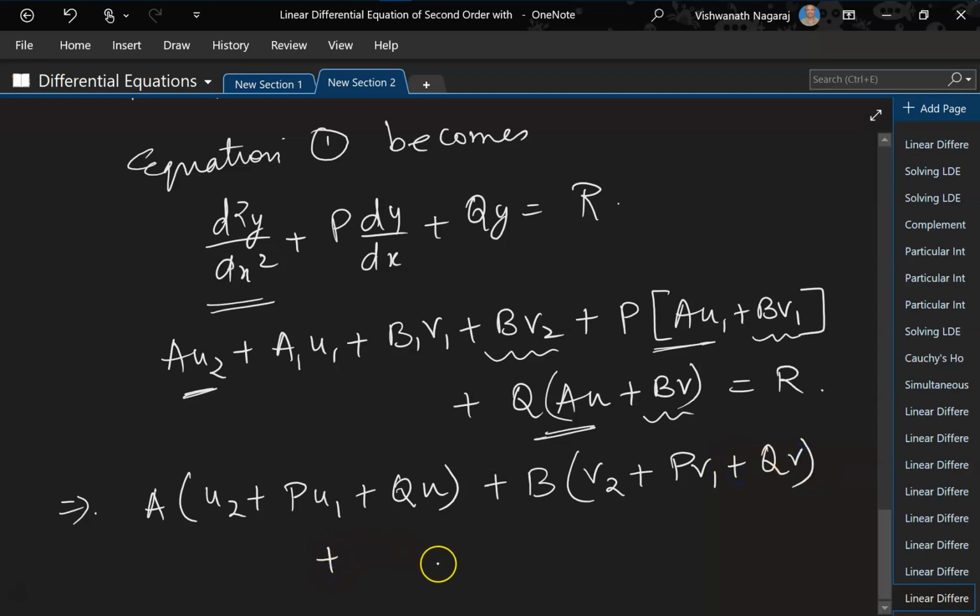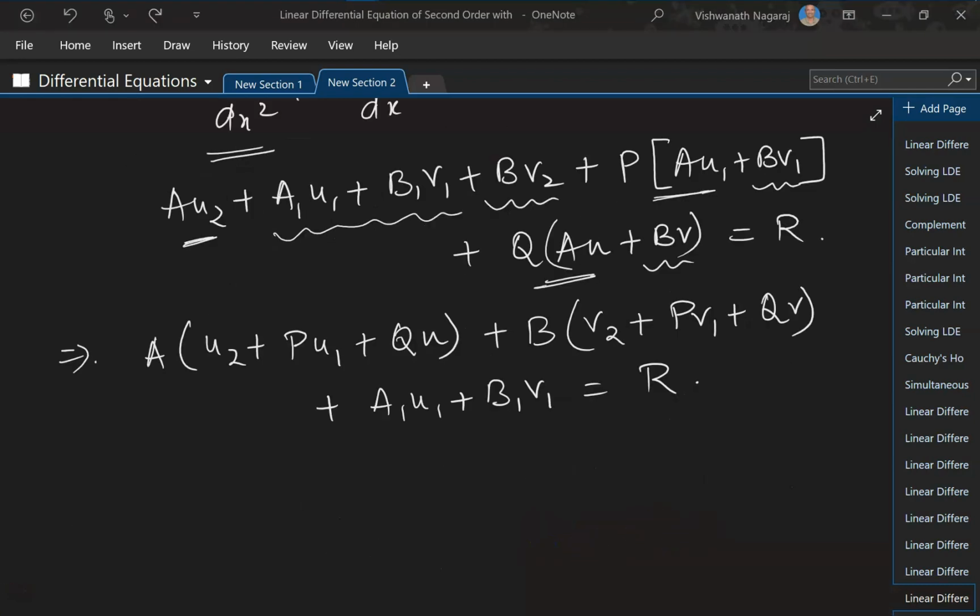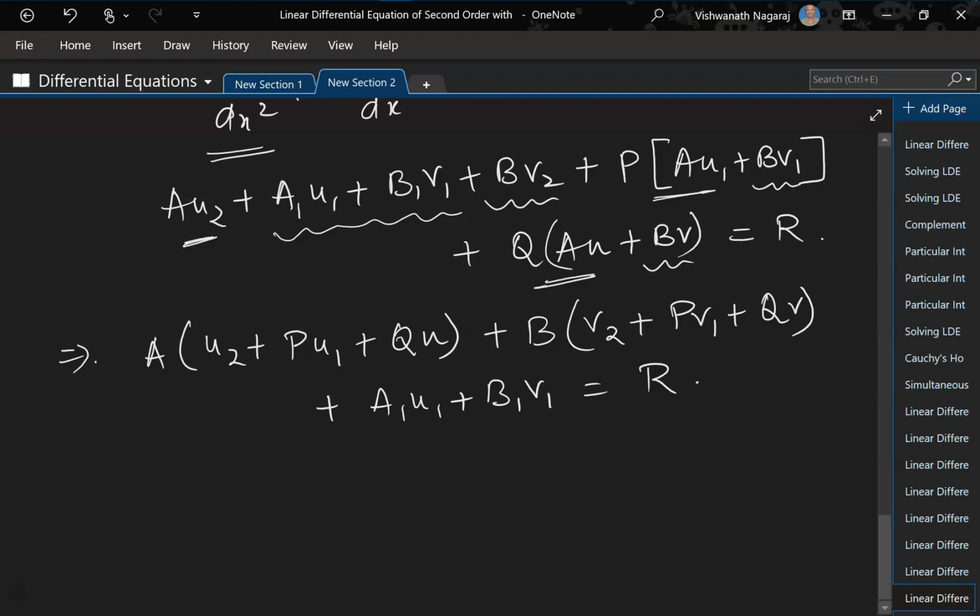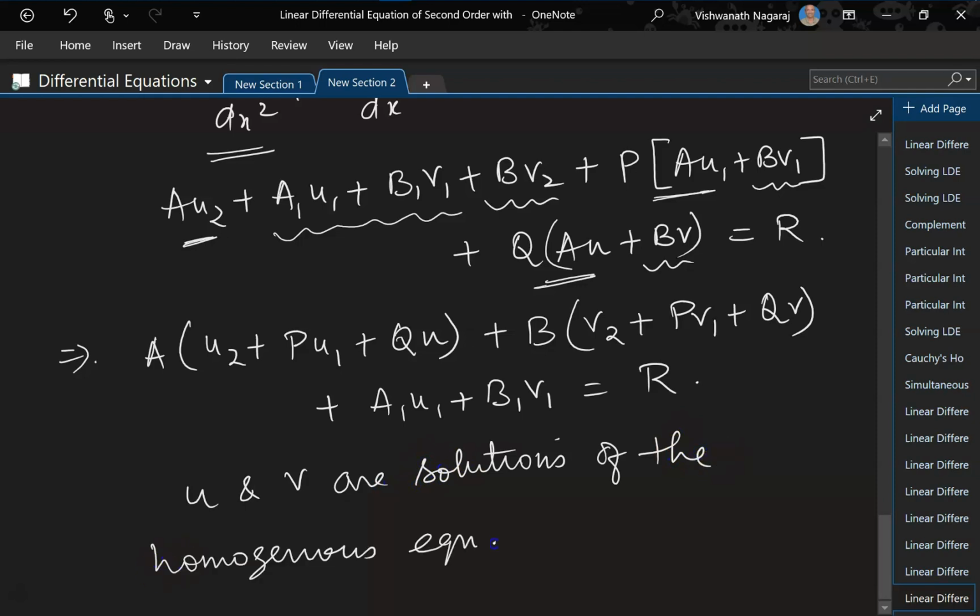Then what else do we have? We are left with only these two, so a1 u1 plus b1 v1 is equal to r. Now just before, we said u and v are solutions of the homogeneous equation, where r equal to 0.